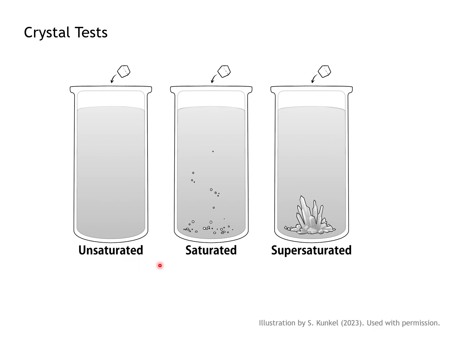If you drop the crystal into a saturated solution, yeah, it'll break up because of the interactions with the water molecules, but you'll end up with solid sitting in the bottom of the beaker afterwards. And then a supersaturated solution, as we just saw, if you get just a little bit of a crystal falling in there, it will form a whole bunch of crystals within the solution.